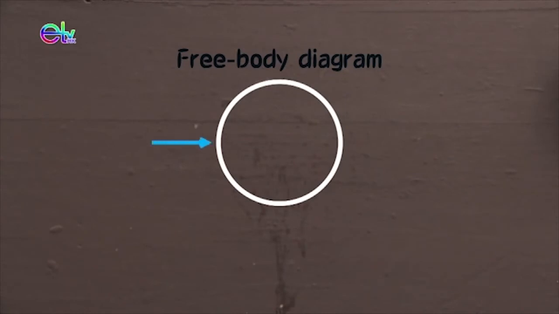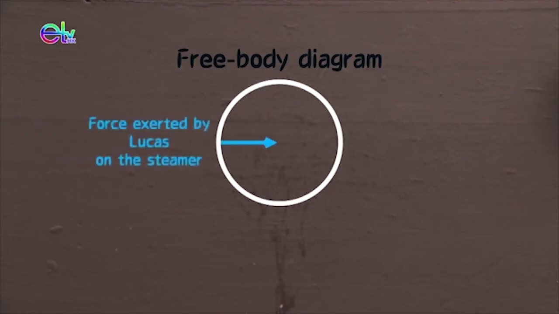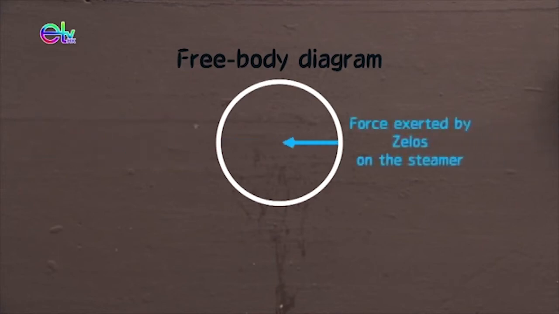Well, I pushed the steamer to him, like this. The steamer went to his side. It doesn't work like this. The tail of the arrow should touch the object at the point where the force is applied, like this. Then I pushed it to him, like this. The steamer was at his side.